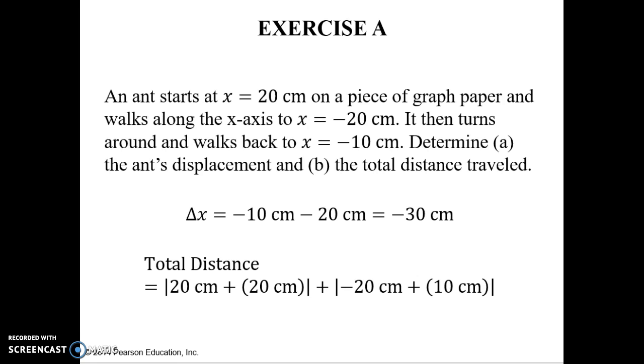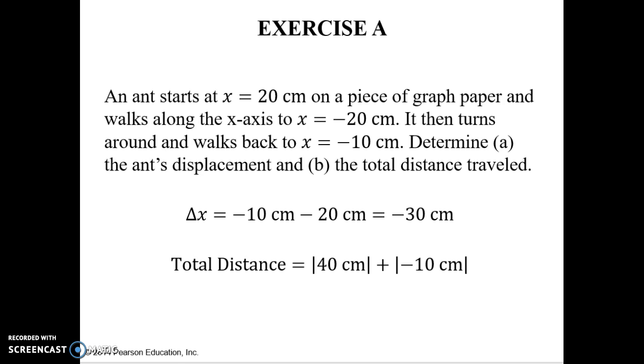So the first segment is 40 centimeters, and the second segment is negative 10 centimeters. Applying the absolute value sign, we get 40 plus 10, which equals a total distance of 50 centimeters.